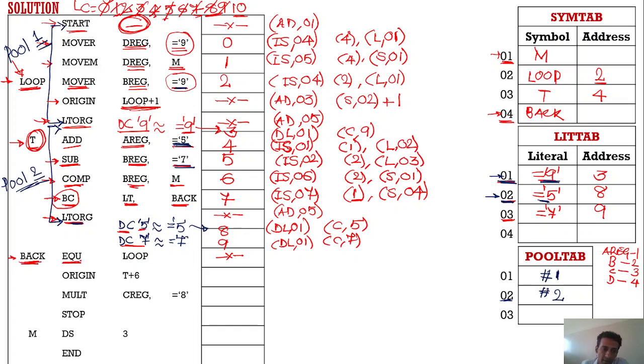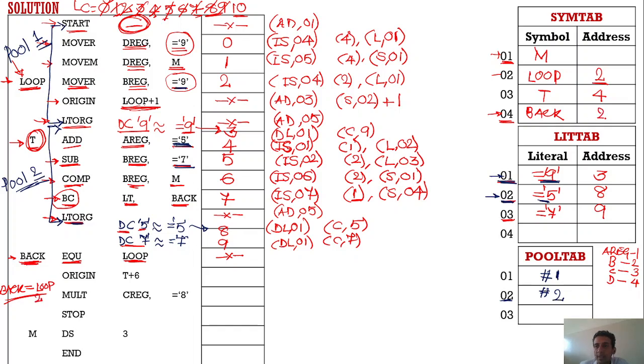This EQU statement instructs the assembler to equate the right hand side variable, expression or value with the left hand side. So BACK, the left hand side, will be equal to the expression value or symbol on the right hand side, that is LOOP. Now what is the address of LOOP? We should refer to the symbol table. We will get to know LOOP has its address, so we will fetch it, and update the address of BACK as 2.